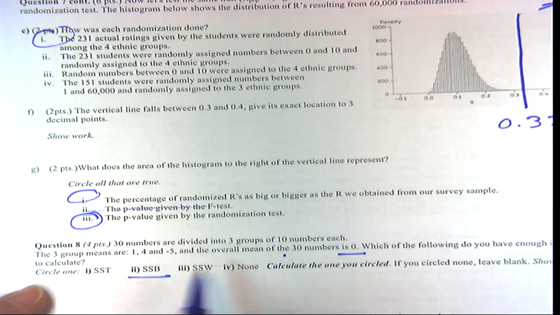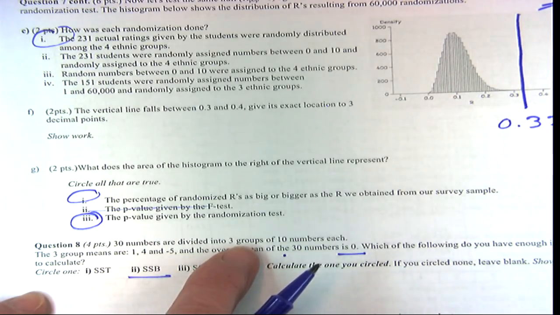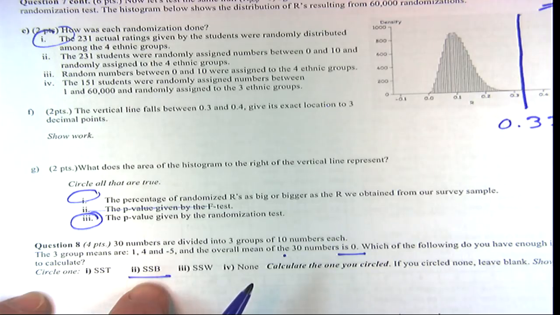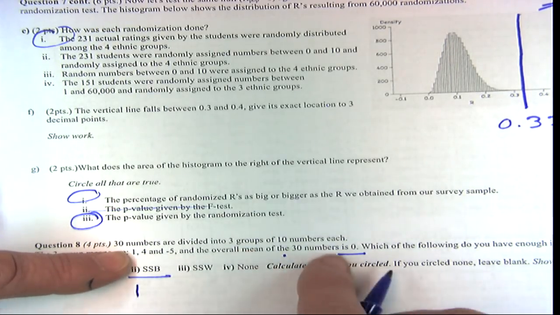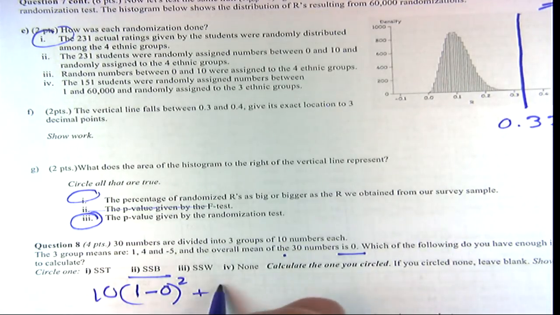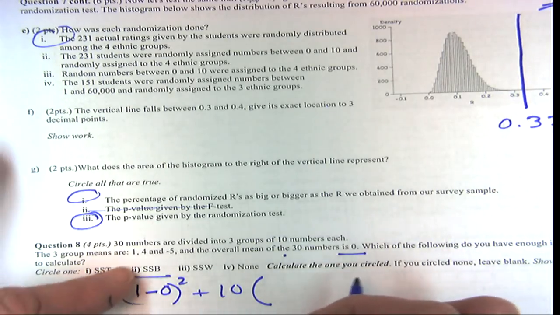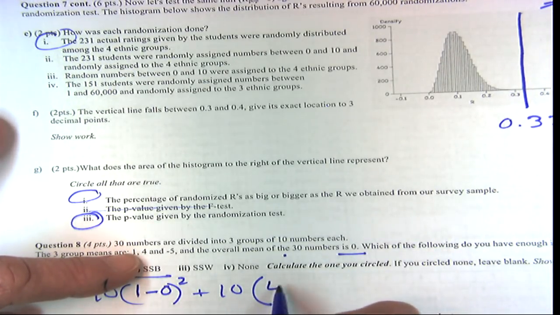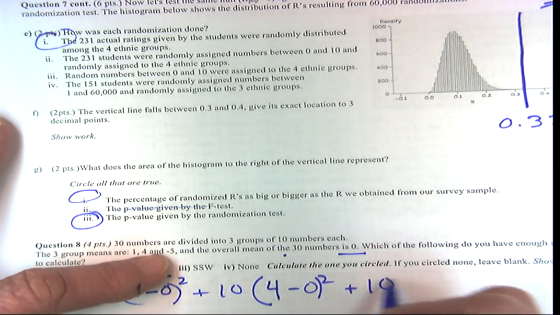For the 10 in the first group, the group mean is 1 minus 0 for 10 of those squared, plus 10 in the next group, which are all predicted to be its group mean, plus 10 in the next.